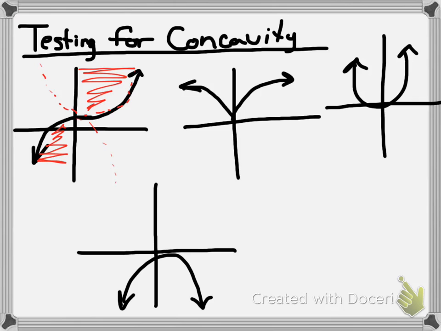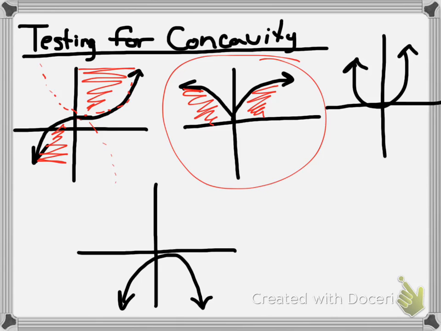In places with a corner or a cusp, like here, we have concave down on the left, and we still have concave down on the right. For functions like x squared, the function is always concave up, and for functions such as negative x squared, it's always concave down.